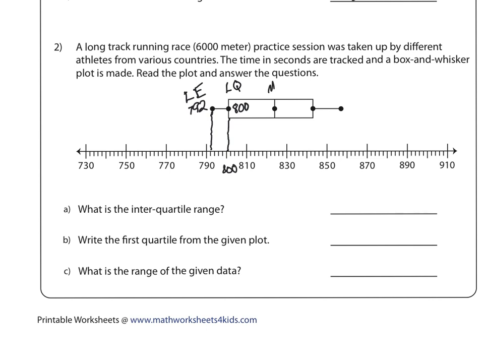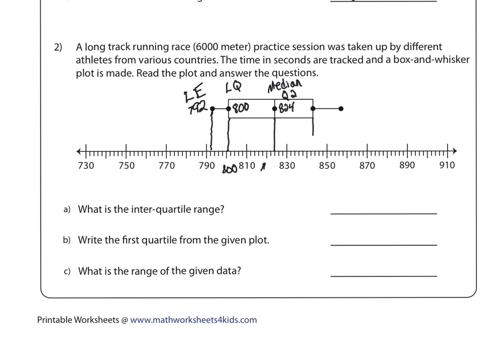Our median, sometimes they refer to that as quartile 2, okay, because it's the second quartile. It's the limit of the second quartile. And that falls right there. So that's 810, 820 is right here. So 2 more lines, 824. Again, counting by twos.